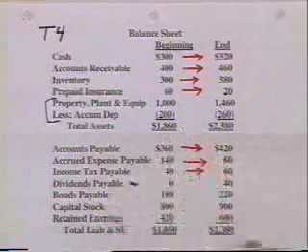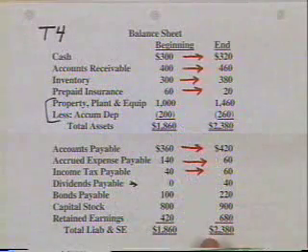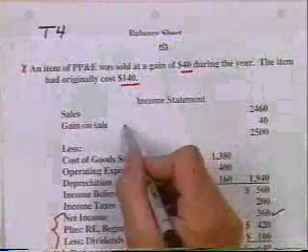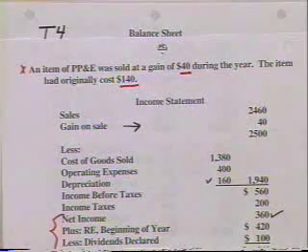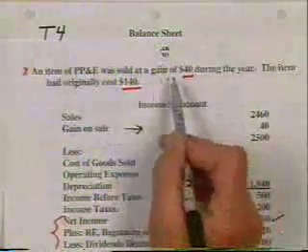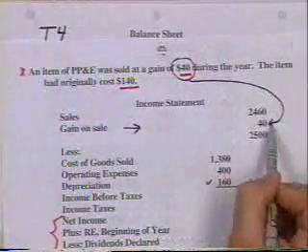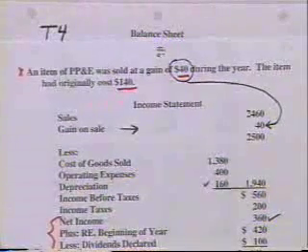Remember as well that cash came in the door because they sold equipment during the year. We go back to the income statement. Gain on sale is indicative of a sale of equipment during the year. Notice up top here, the gain of $40 is this gain that we're seeing right there.